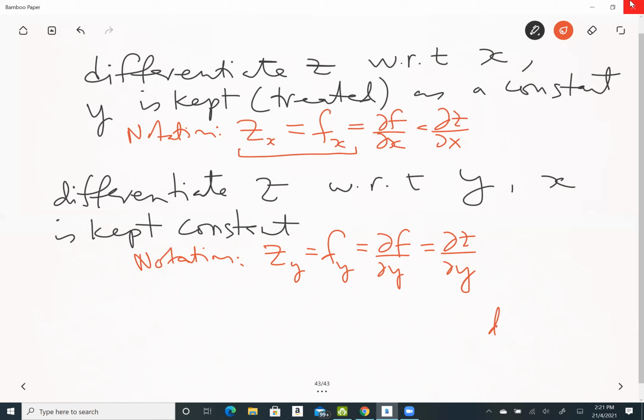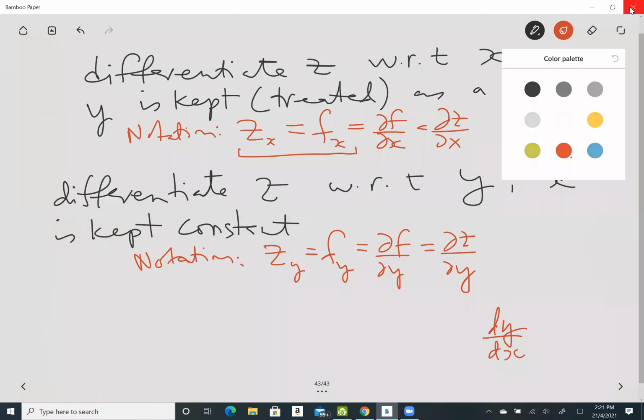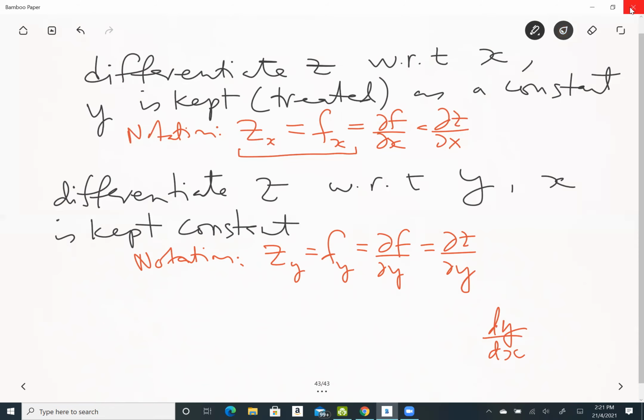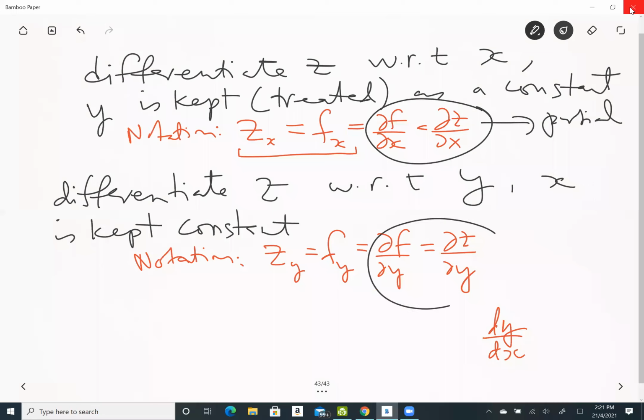The d we used to have is just dy dx, the straight d. The d here is the delta d, the slanting d. If you see this kind of slanting d, that is indicating partial derivative.